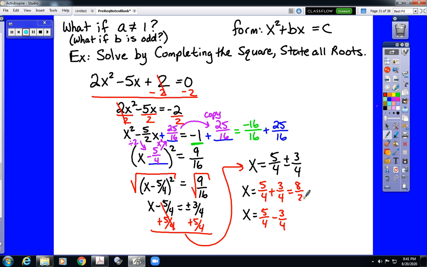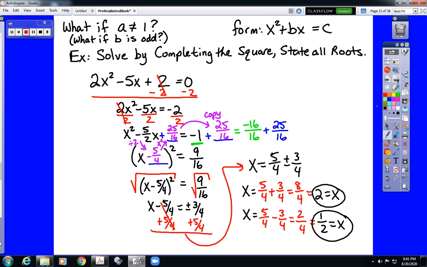Keep in mind that whatever values we get here, on the top we're getting 8 fourths, has to be reduced to equal 2. So our first answer is x equals 2. On the second problem, we do 5 fourths minus 3 fourths, which is 2 fourths. That reduces as well to 1/2. So our answers would be x equals 2 and x equals 1/2.